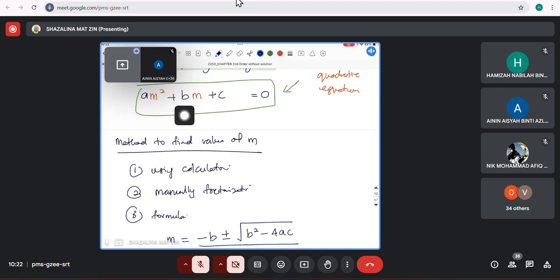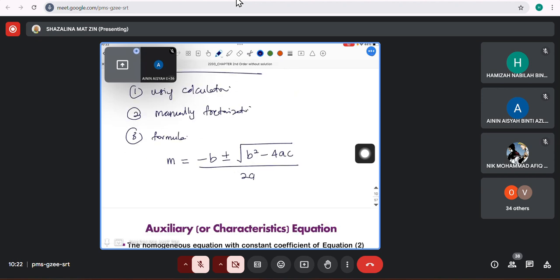When it says solve, it means we need to find the value of m. According to the formula, we have three types of m.